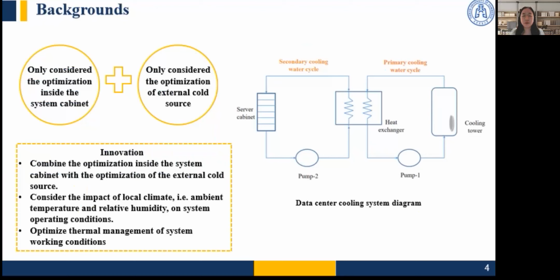So my research compares the inside system cabinet with the external cold source and considers the impact of local climate, such as ambient temperature and relative humidity, on system operating conditions.